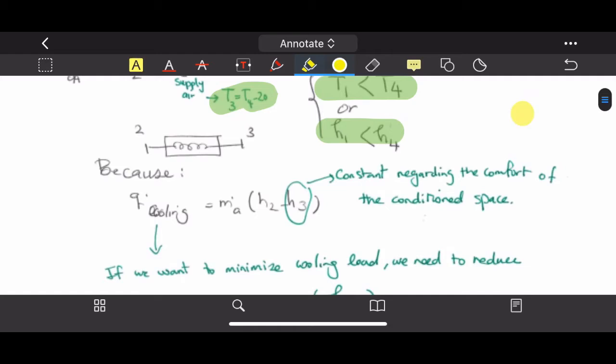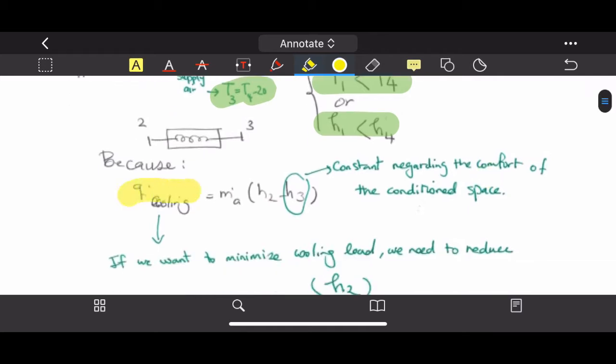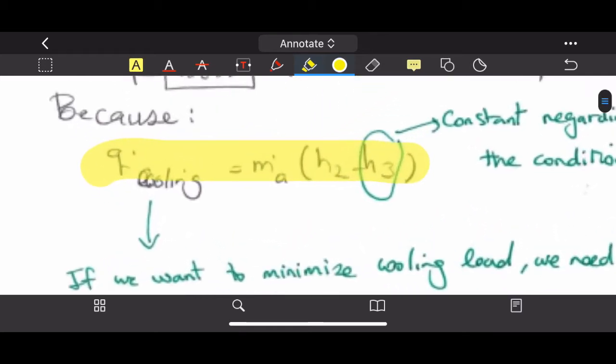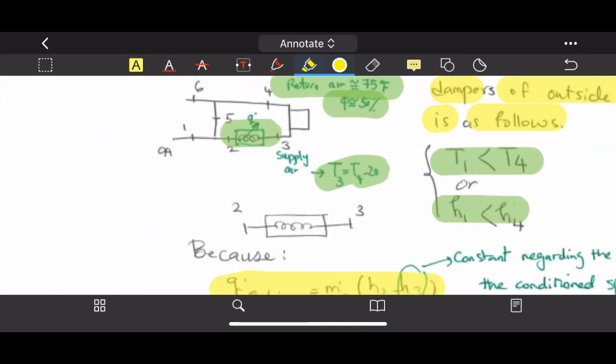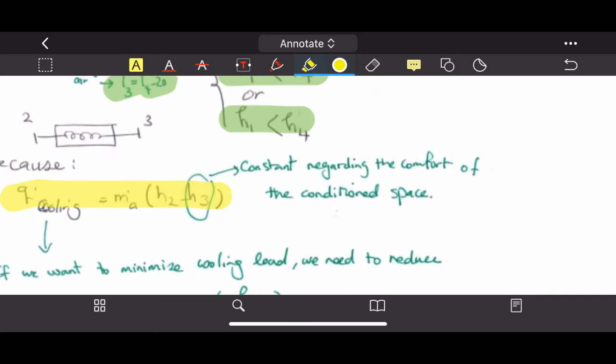Now, the condition was T1 is less than T4, or H1 is less than H4. The equation is given by this, and we all know this from thermodynamics class: Q cooling is equal to m air times the bracket H2 minus H3. It says here constant regarding the comfort of the conditioned space.